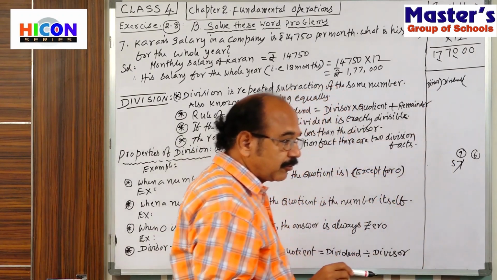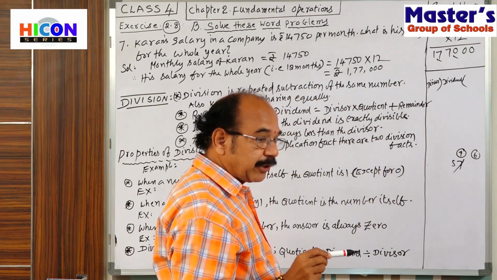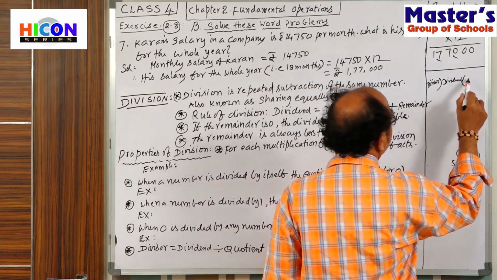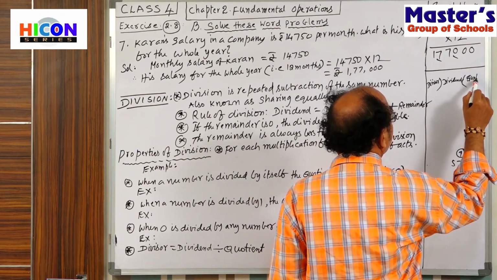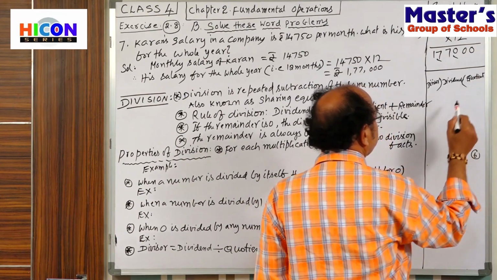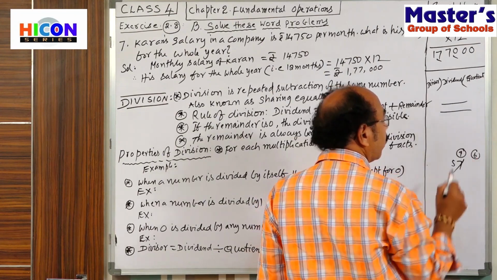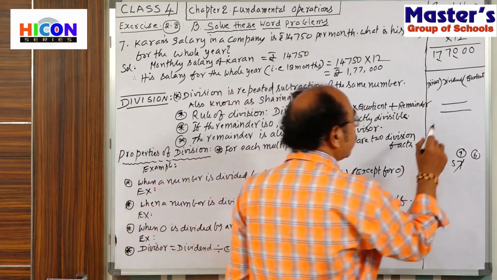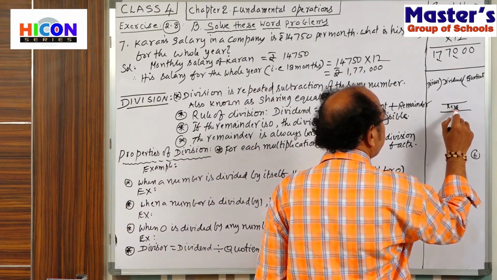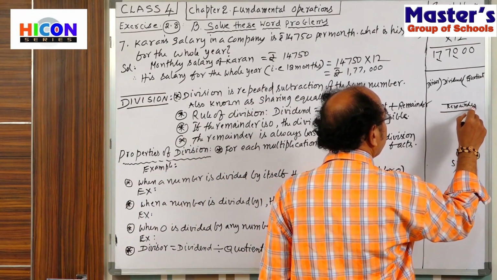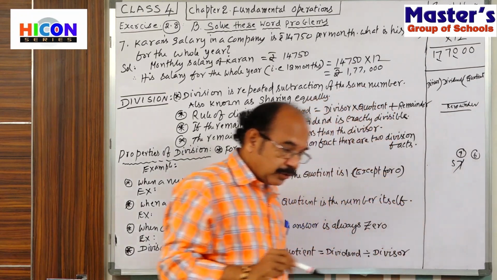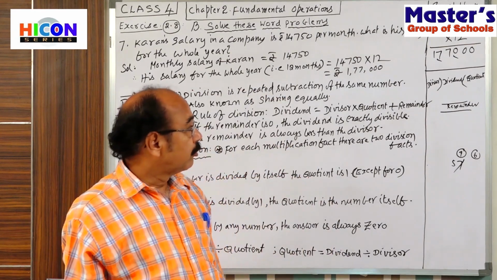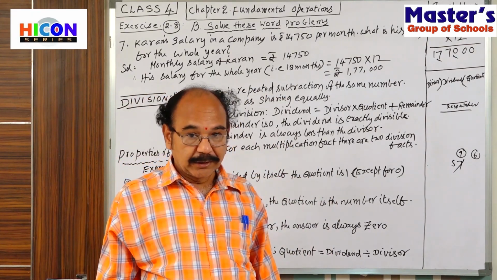After division, we can get a number on the right side, that is called quotient. If it is not exactly divisible, then we get a remainder. So in showing the division, we get quotient and remainder.